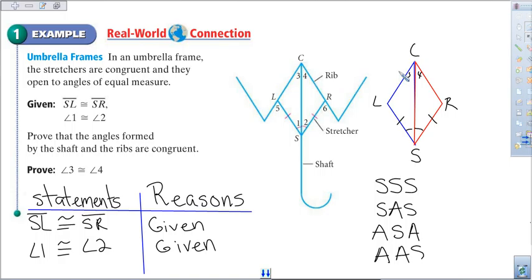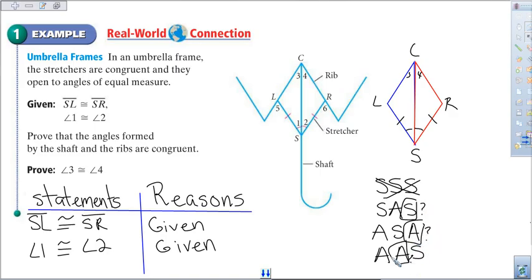Those are the 4. So we have a side and an angle, so I don't think it's going to be this one. And I need to see, can I get information about another side or another angle? This is what we are looking for.